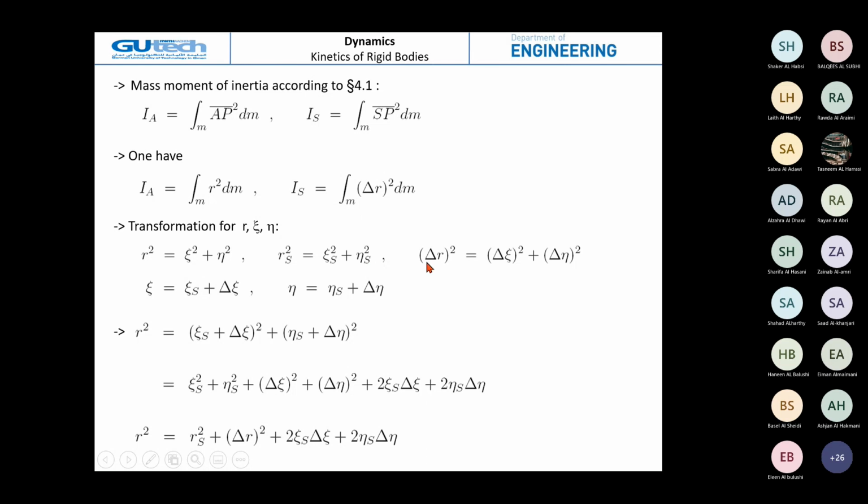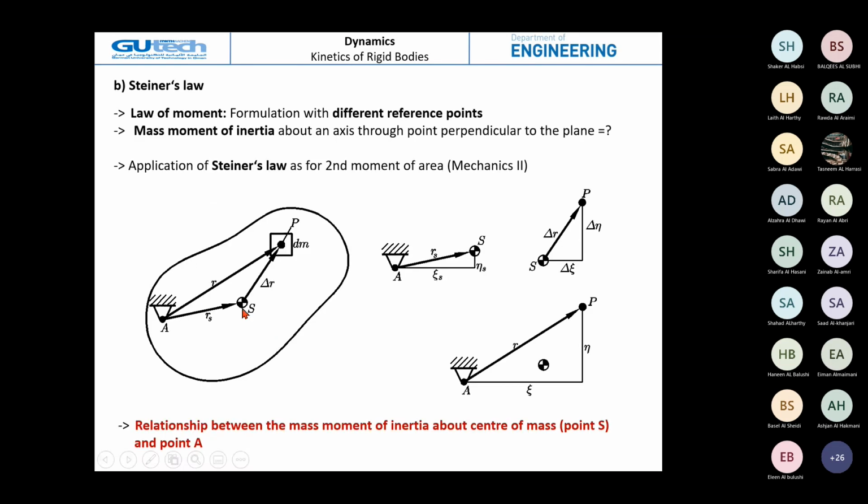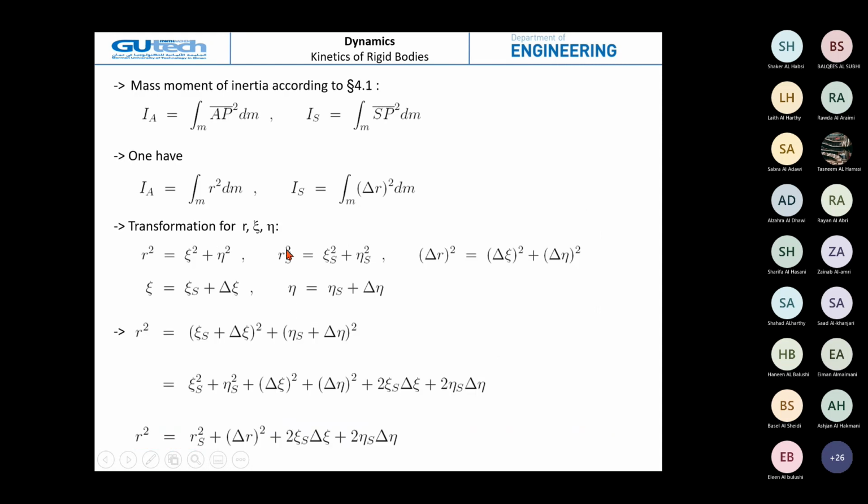Delta R, the same principle. Now what we look at here, Xi, as you can see, is Xs plus delta Xi, from the point A to the point P. Then we make the same in the y direction.